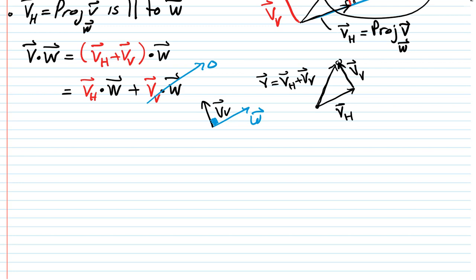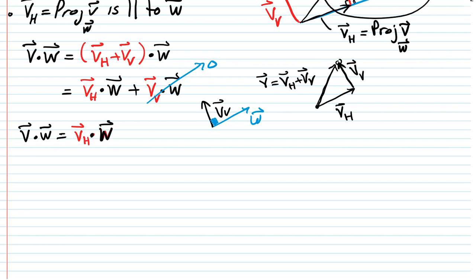So we can say that the dot product of vector V with W is the same as simply the horizontal component of it. So that's the takeaway from this. That's simply the horizontal component dotted with W. Okay.